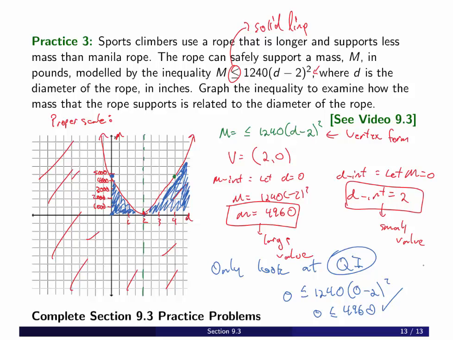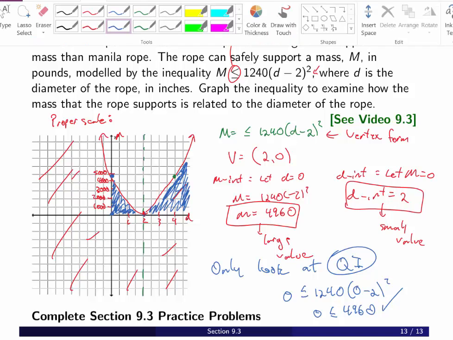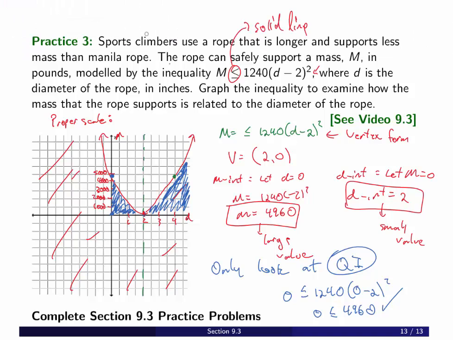And if you want to actually understand what this means, if you pick a point, like, let's pick 1 and 1,000 right here, right in the middle. The point 1 and 1,000 basically means if the diameter of the rope is 1 inch, that implies it can support a mass of 1,000.